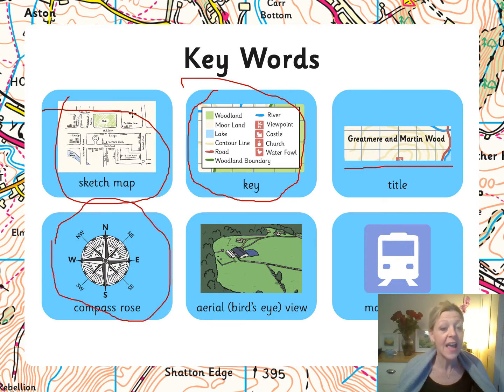It doesn't have to have all the points, but as long as it's got the main north, east, south and west. We've also just looked at some images which are aerial. That's a bird's eye view, as if we're looking down. And we're also going to be looking at map symbols, just a few today.